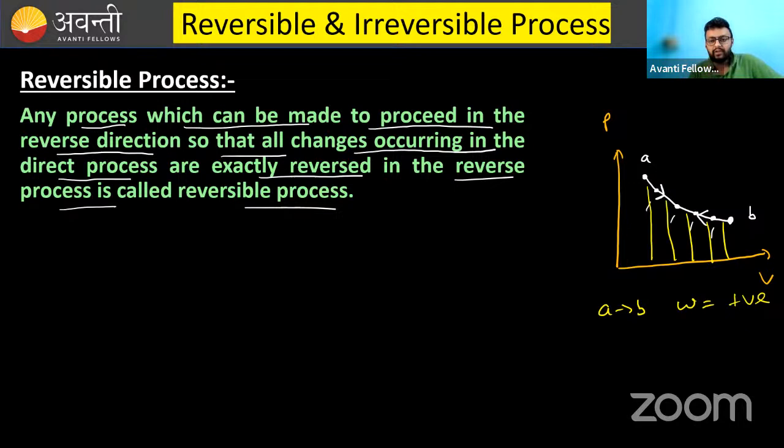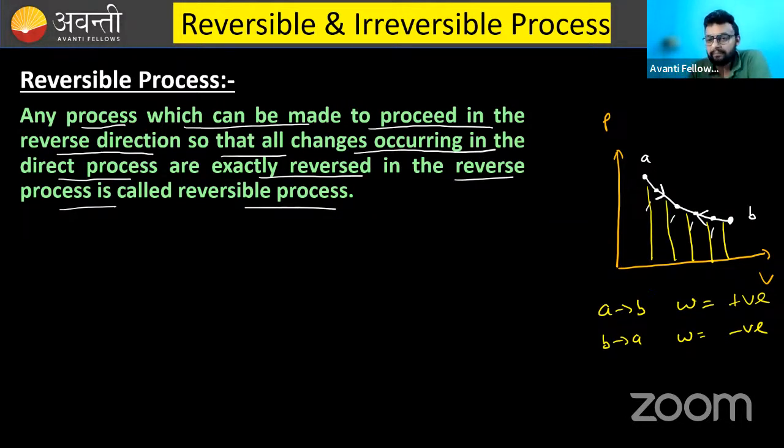Now again, while going from B to A, work done will be negative because compression is going on, and work is done on the system. Now consider two things that I am saying. In both cases, the magnitude of work done will be the same because the area will remain the same.